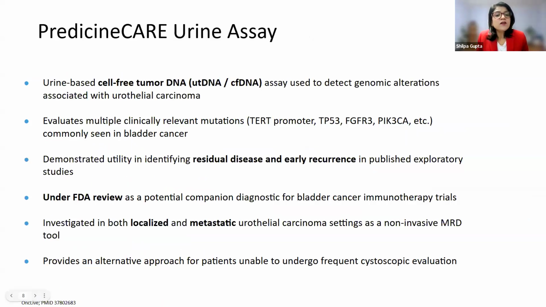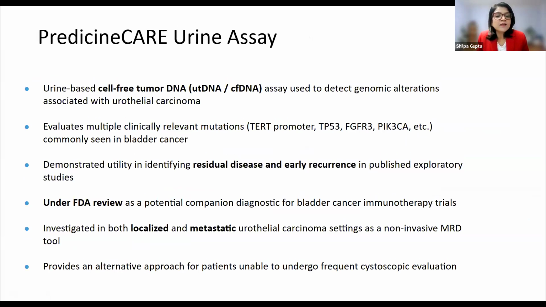And the Predicine CARE urine assay is another urine-based cell-free tumor DNA assay, which is used to detect genomic alterations associated with urothelial cancer. And it can also evaluate multiple clinically relevant mutations like the TERT promoter, TP53, FGFR3, which can be targeted with therapies. And it has shown utility in identifying residual disease as well as early recurrence in exploratory studies.